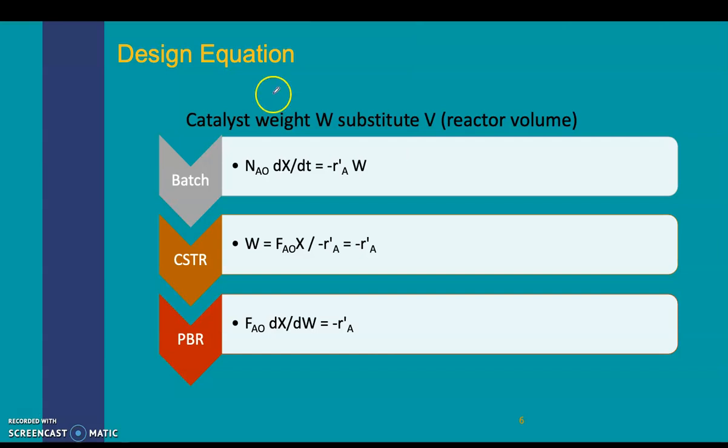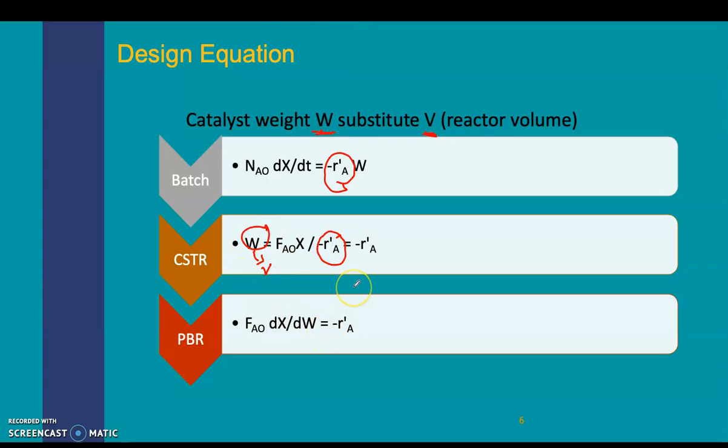If you look at this, you will substitute your V with W, so your RA will become RA single prime. So in the end, you will get not the volume of the reactor, but actually the weight of catalyst. Similar goes for the CSTR. Last time it was V, but this time around it is negative RA' with W.